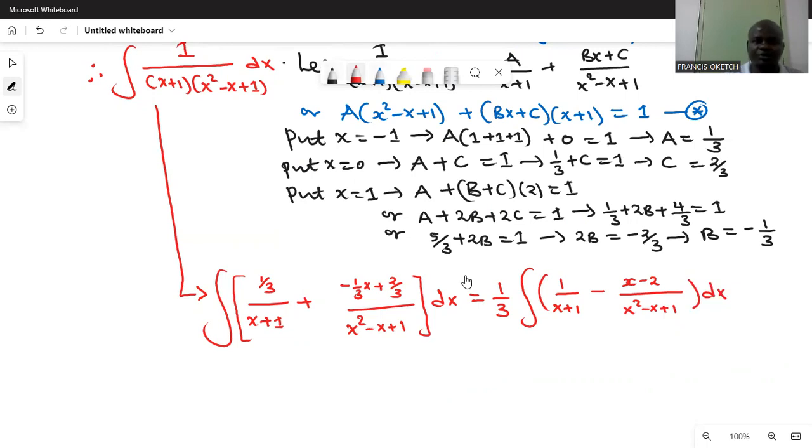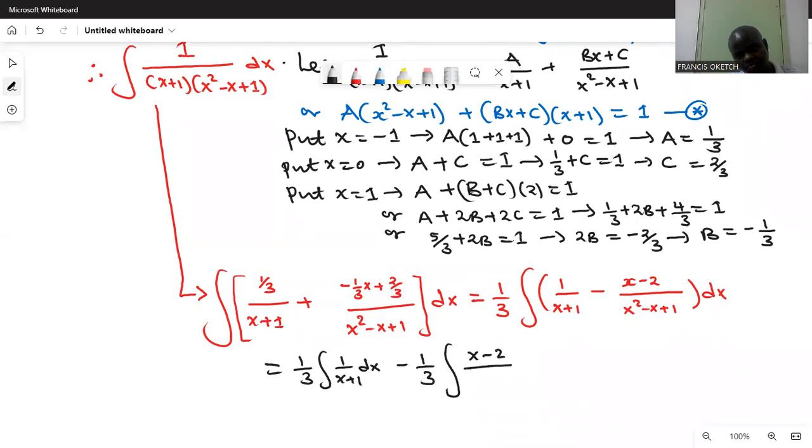And so using the property of integrals, this integral can be written as 1 over 3 times the integral of 1 over x plus 1 dx minus 1 over 3 times the integral of x minus 2 over x squared minus x plus 1 dx.